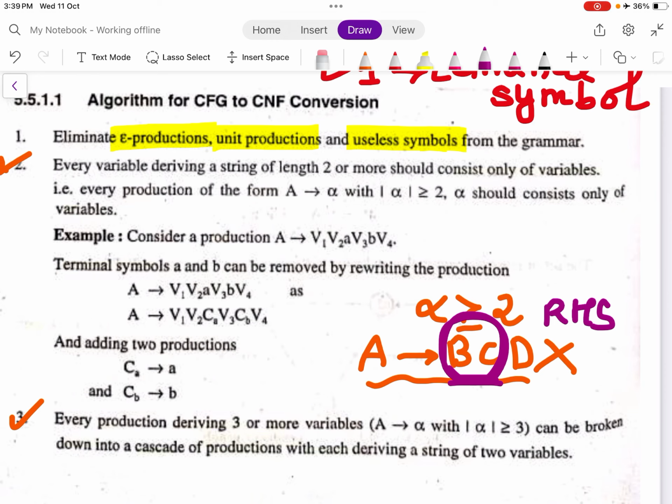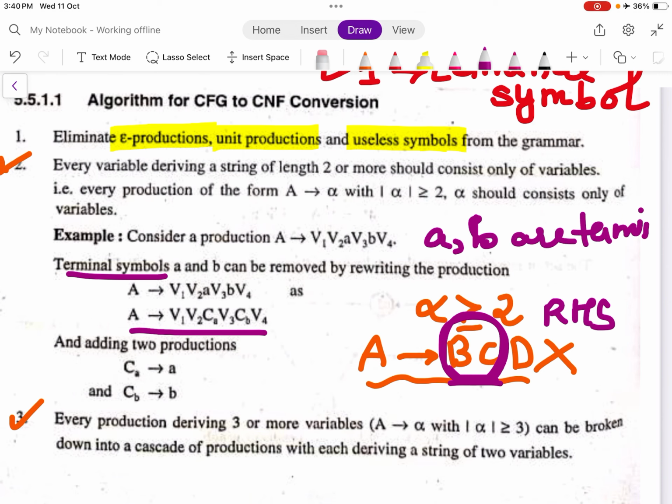Terminal symbols a and b can be removed by rewriting the production A gives V1 V2 a V3 b V4 as A gives V1 V2 Ca V3 Cb V4. So first you eliminate the terminal symbols. What are the terminal symbols? Small a and small b are terminals. Adding two productions, Ca giving you small a and Cb giving you small b.